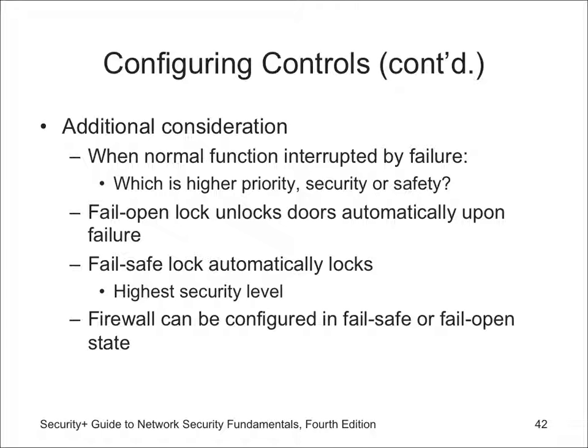An additional consideration is, when normal function is interrupted by failure, which is higher priority, security or safety? Okay. And again, safety to individuals is definitely prominent over security in my mind. As far as a person, their safety, that's not a question at all.